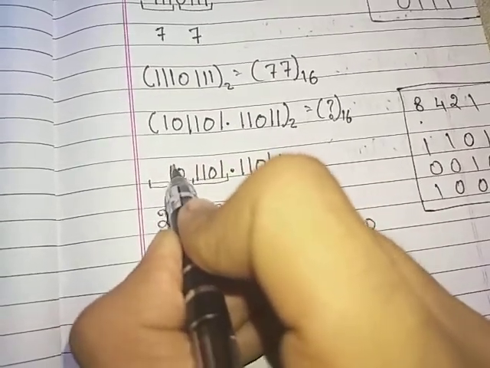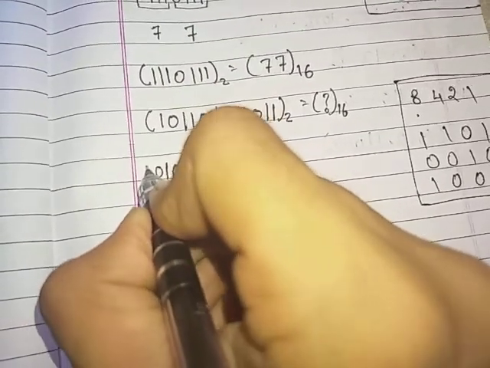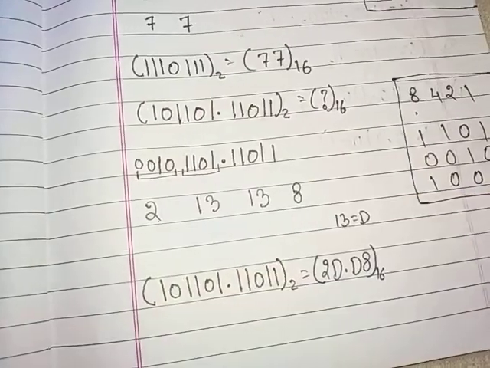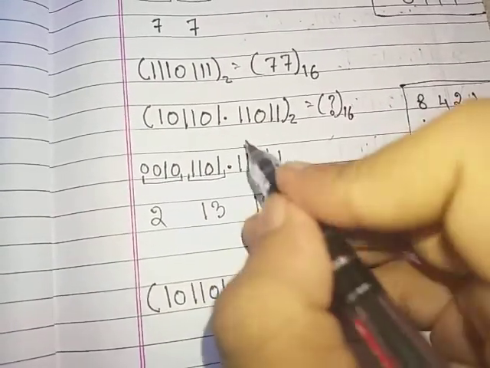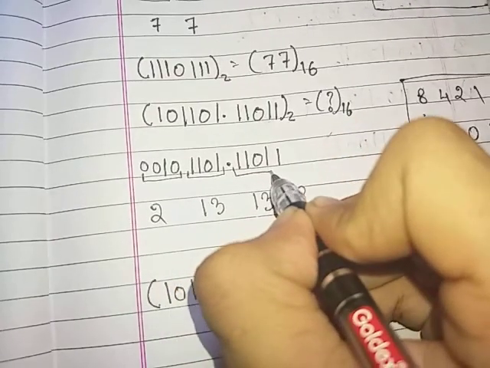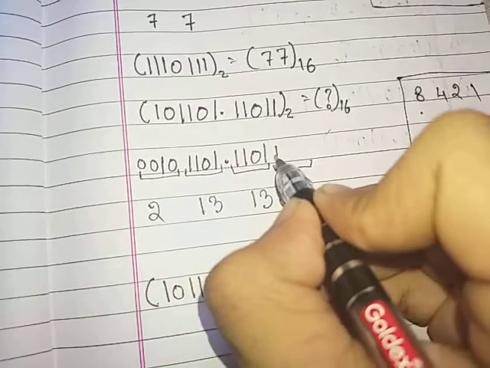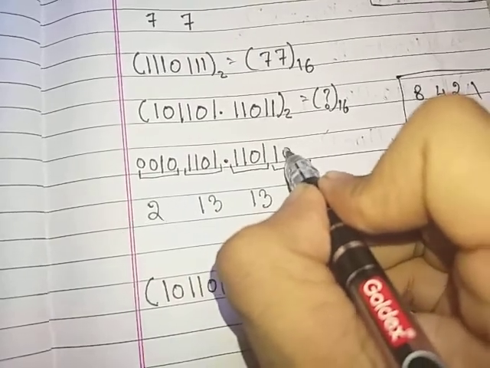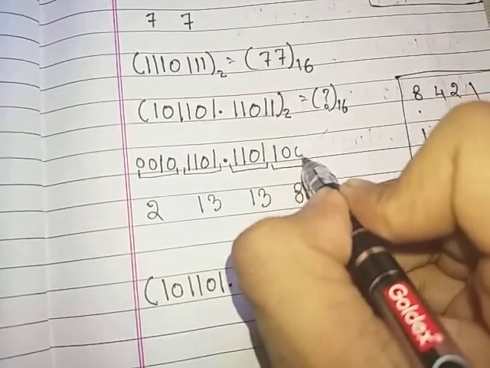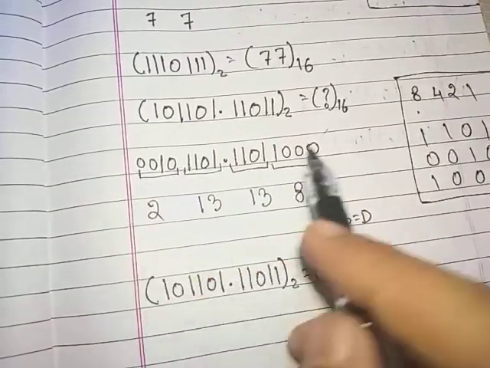As in the last group there are only 2 bits, so I will add 2 zeros. And after decimal we are making group of 4 bits from left to right. As in the last group there is only 1 bit, so we will add 3 zeros. So we have 4 groups.